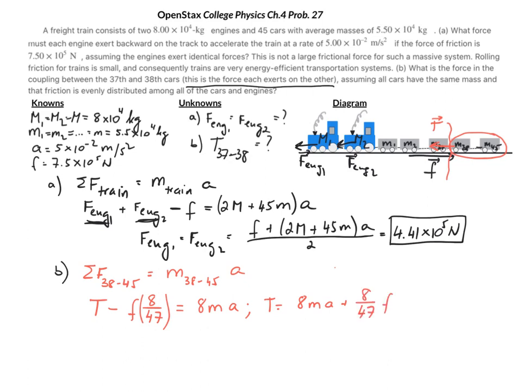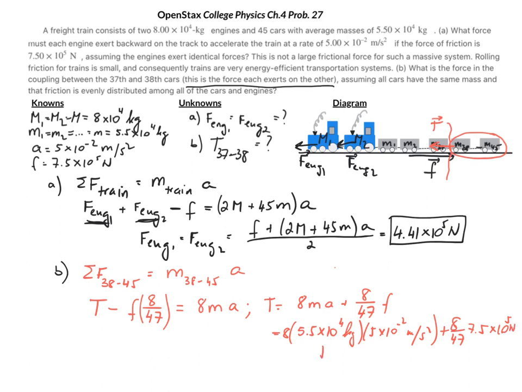So that is 8 times mass of one car, which is 5.5 times 10 to the 4th kilograms, times the acceleration, which is 5 times 10 to the negative 2 meters per second squared, plus 8 over 47 times the friction force, which is 7.5 times 10 to the 5th newtons.